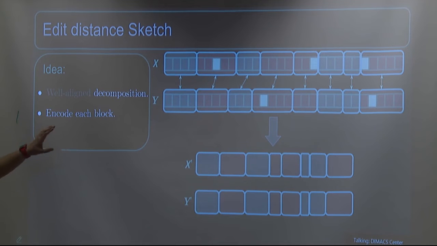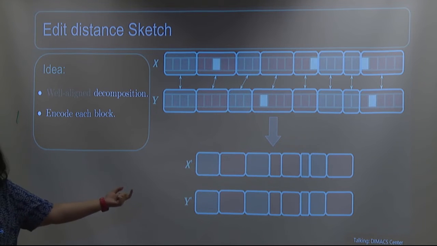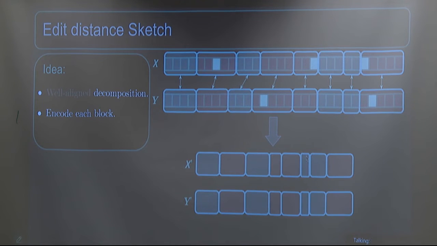And if there is some edit operation, if the block is problematic, then all the positions of the encoded block will differ. So the Hamming distance will be the length of the encoded block. Just trust me, we can do this.